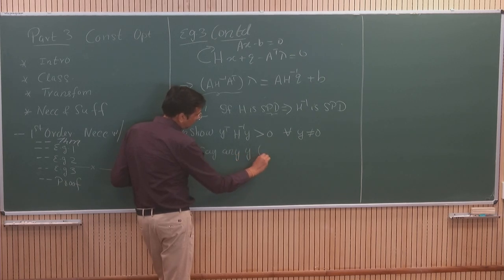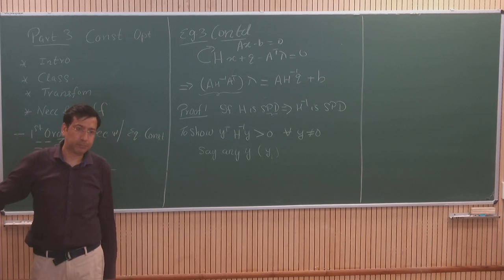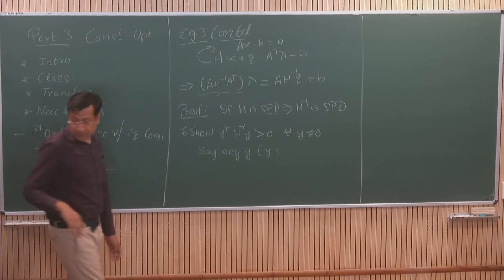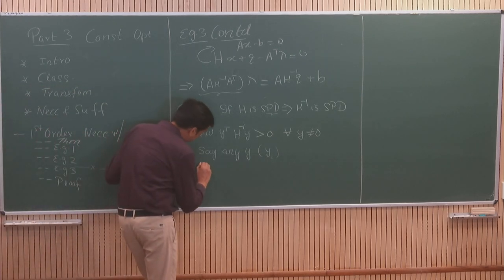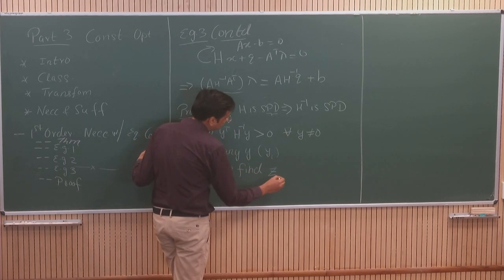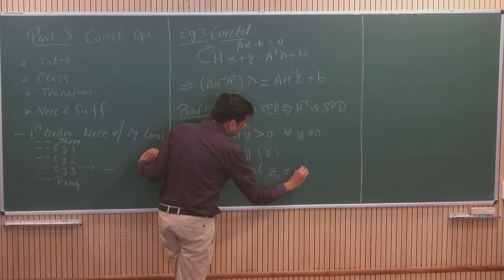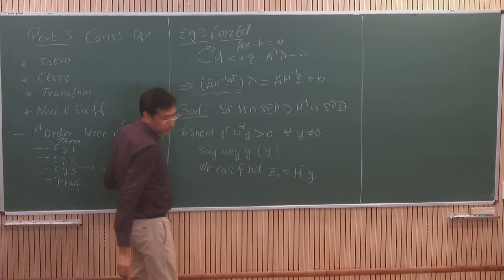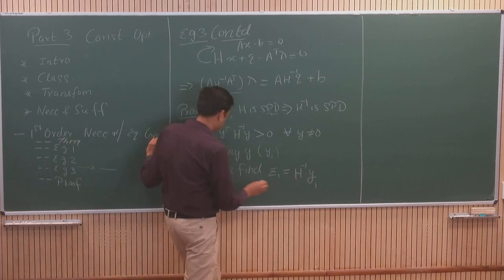I mean, you can also call this y1 if you want, because you're making a specific y here, right? So the next step which I do here is find a z, or let me just call it z1, equal to h inverse of y1.